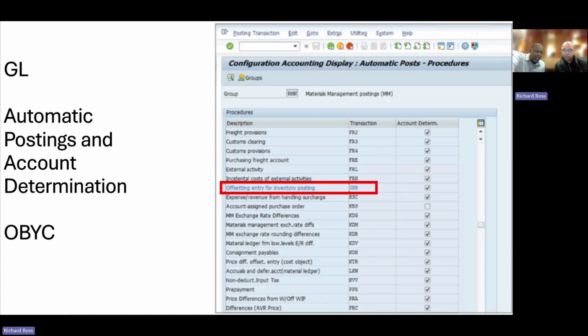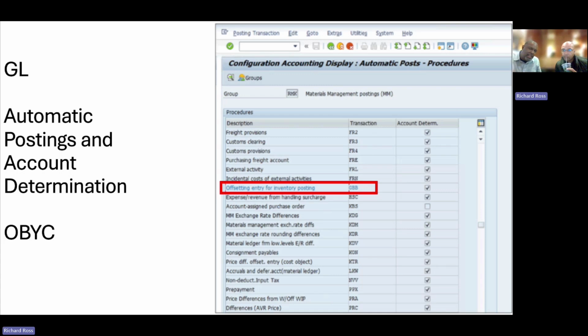If you're doing prepayments, or freight provisions, you could be in that one. If you have customs, you have that key assigned on a condition in the purchase orders for customs.